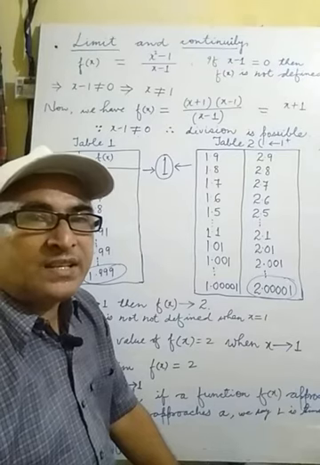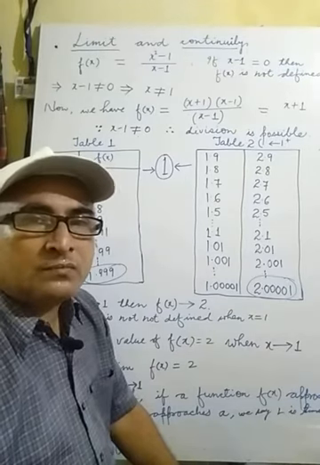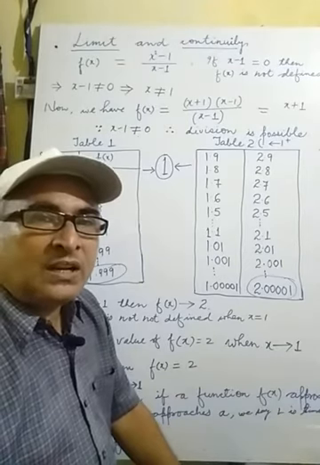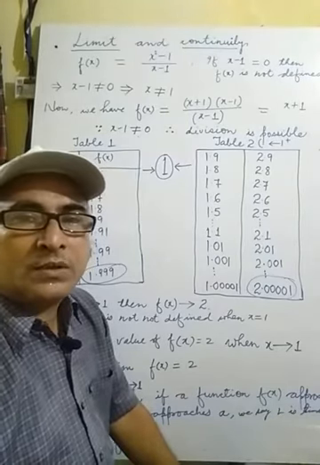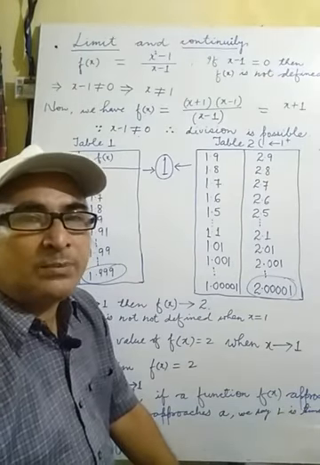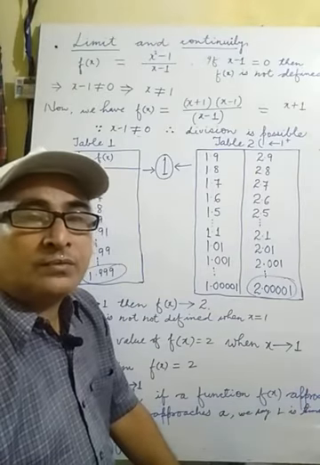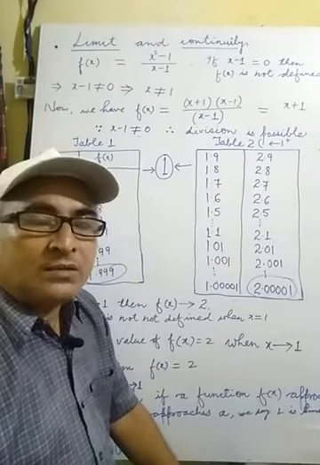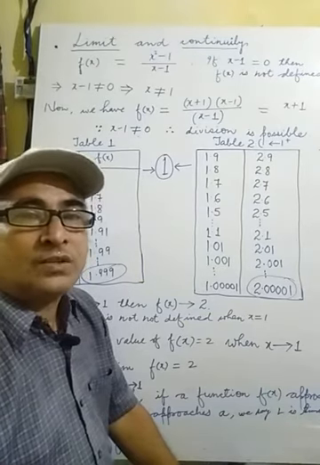What are those criteria? Basically, we have to examine left hand limit and right hand limit, and we compare the left hand limit and right hand limit to the value of the function.